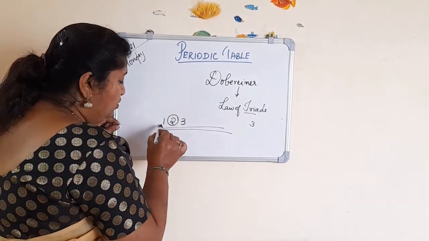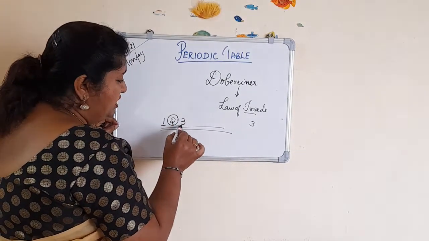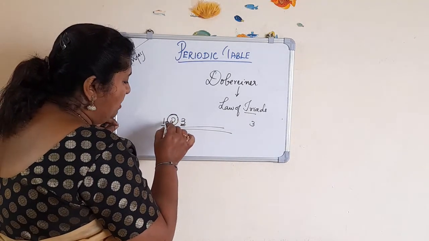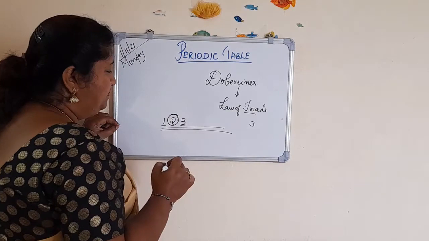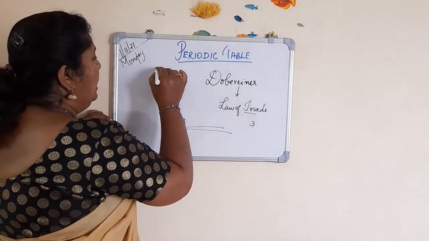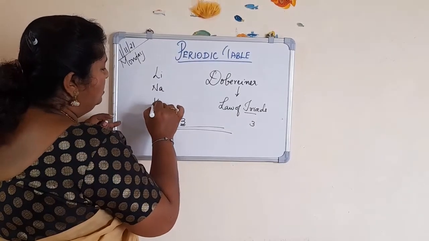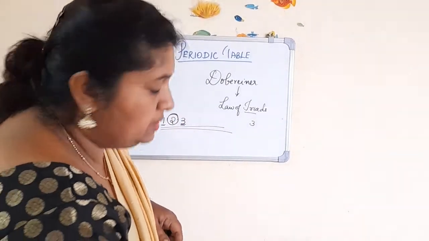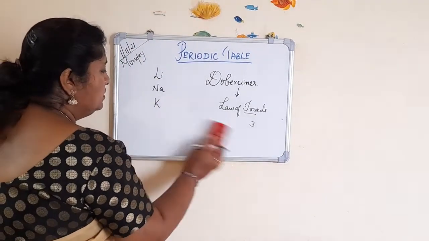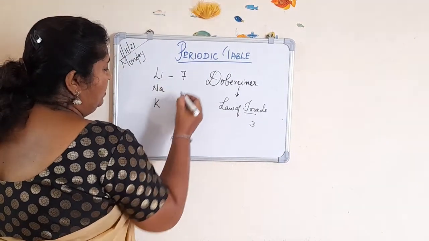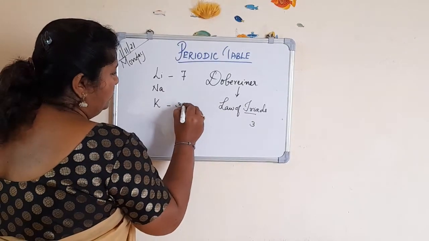If you take the arithmetic mean of the first and the third element, that will give you the atomic mass of the middle element. For example, I am taking lithium, sodium and potassium. Atomic mass 7, here 39.